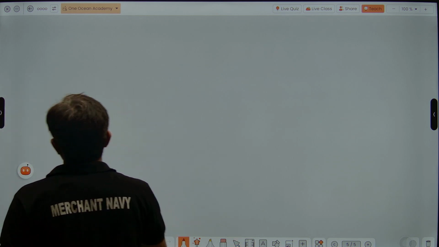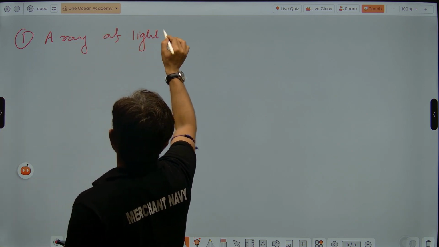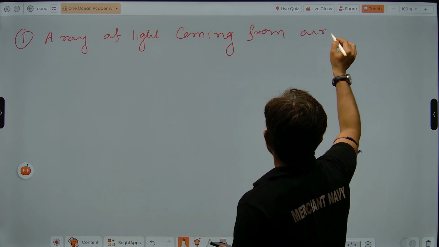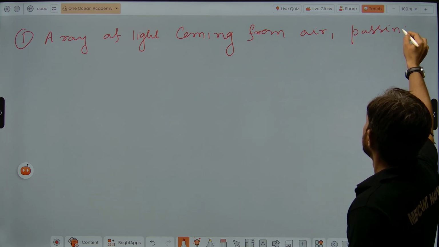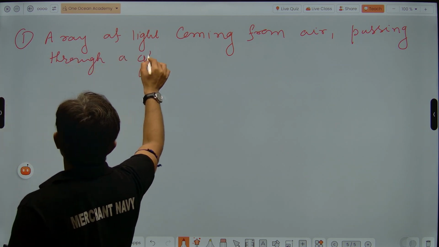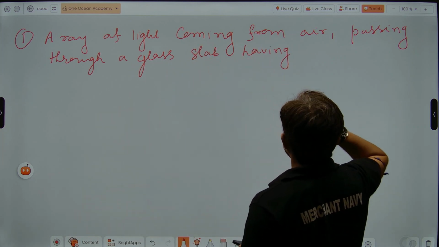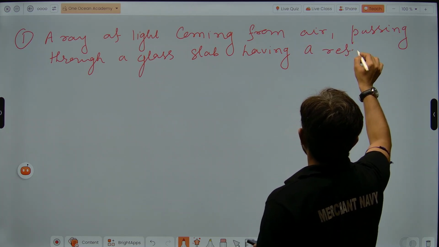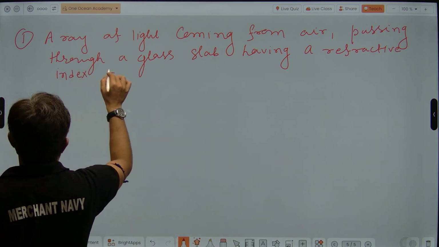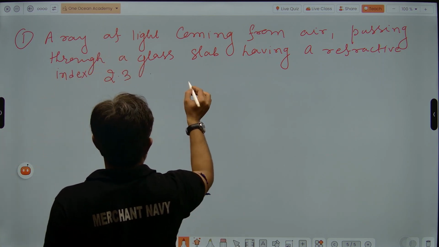So let us see a question. A ray of light coming from air passing through a glass slab having a refractive index 2.3.